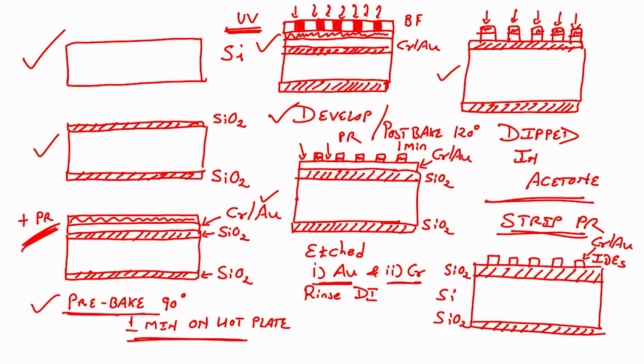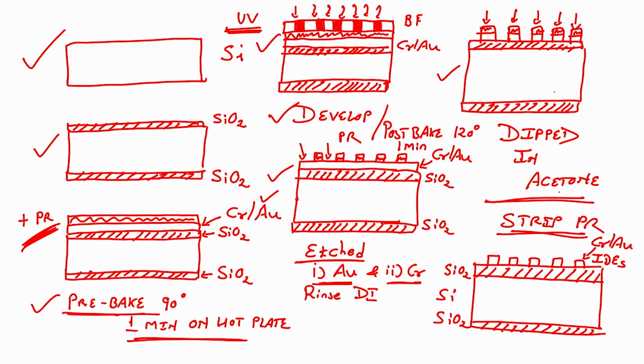So, after developing photoresist I will have a pattern like this, and you can see there is a photoresist, there is a metal, and then there is a photoresist, and there is a metal below it. Then you have to etch the gold, then etch the chrome, and rinse with DI in between. Once you do that, the metal below the photoresist will be saved, and the metal which was not covered by photoresist will get etched.